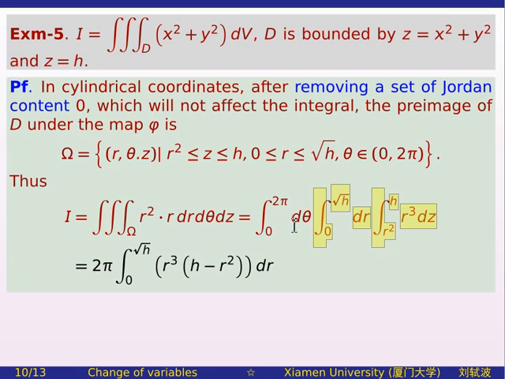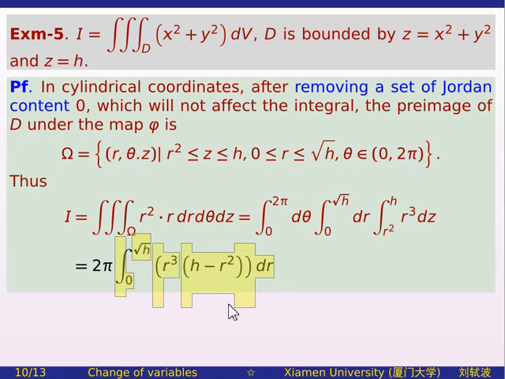Then this outer integral with respect to theta becomes the constant function 1 integrated over 0 to 2 pi. This gives us 2 pi here. And then we compute this integral with respect to r. It is very easy, right? So the result is 1 over 6 pi h cubed.